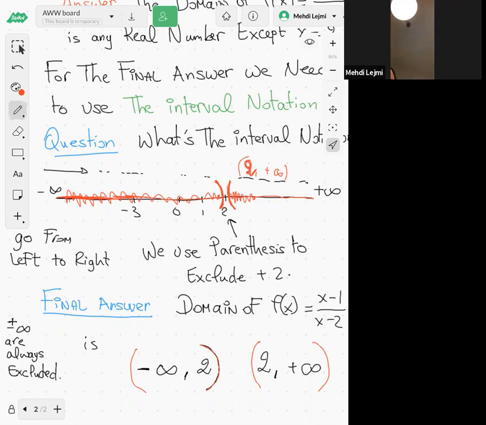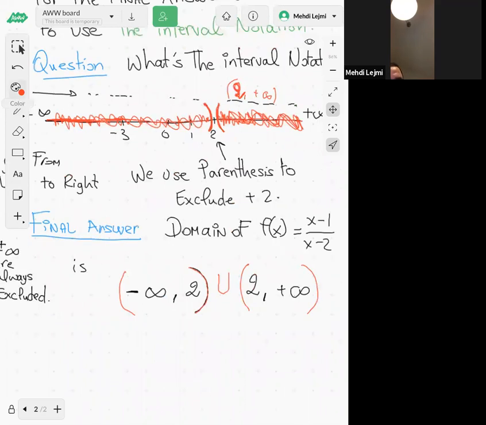So as I said, we have the union of two intervals, this one here and this one here. The symbol for union is a capital U. So this capital U means the union of two intervals, because I have two separate intervals.